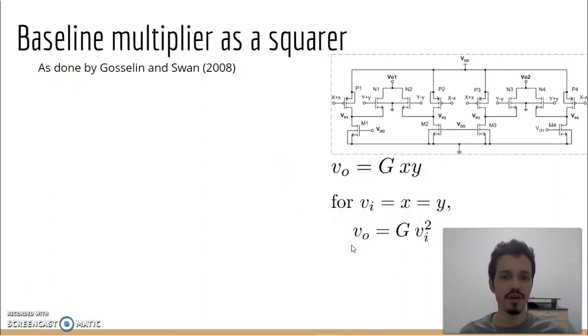In this case, we can have the following transfer function for a multiplier circuit, when we consider, of course, the DC level of the output. And we can observe that the same gain we find in the multiplier normal operation is carried over to the multiplier with a squaring operation.